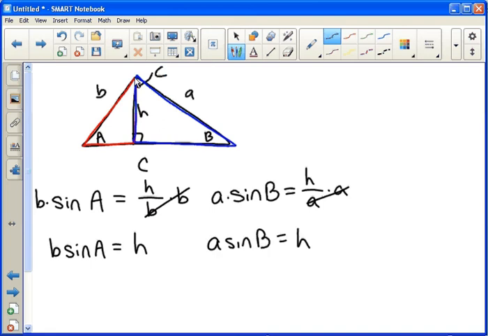So then we use substitution. If both of those are equal to H, then we can set the two of them equal to each other.